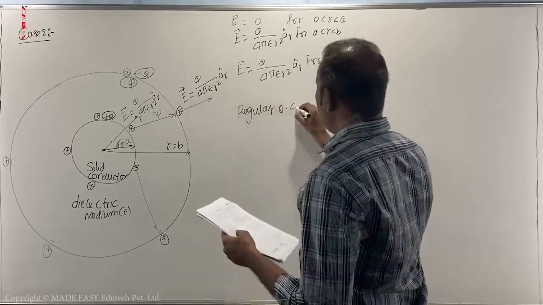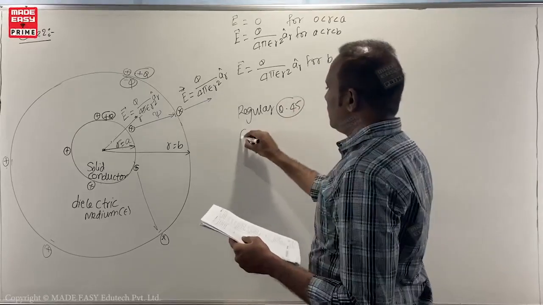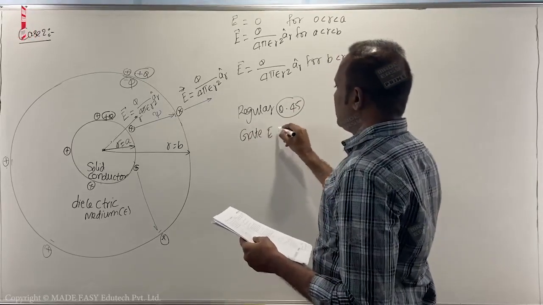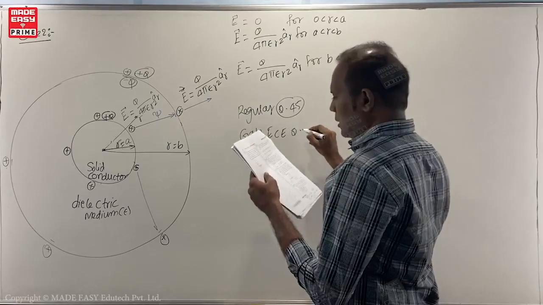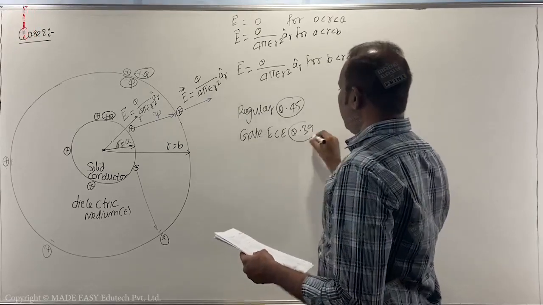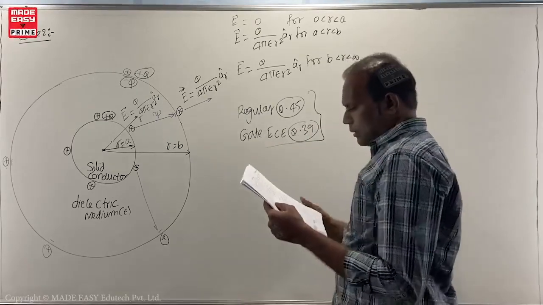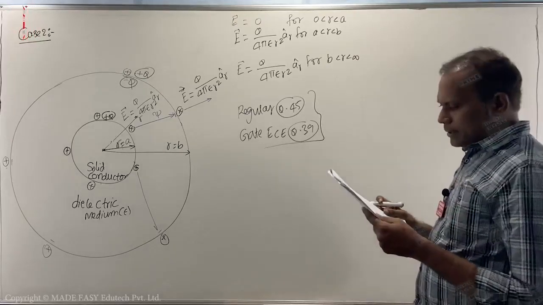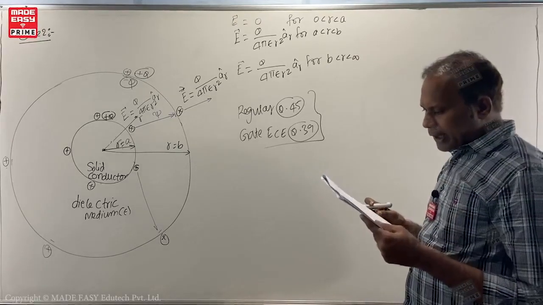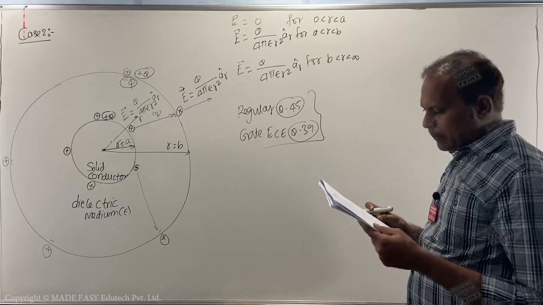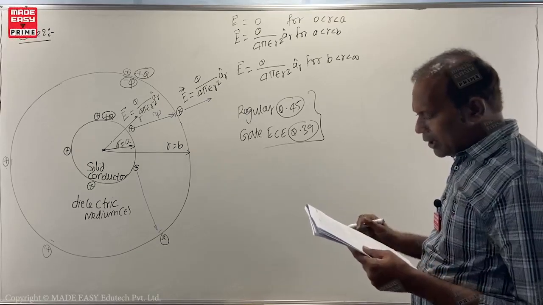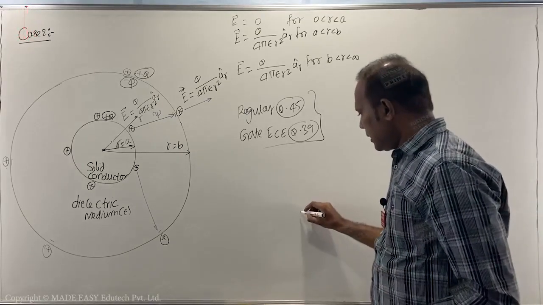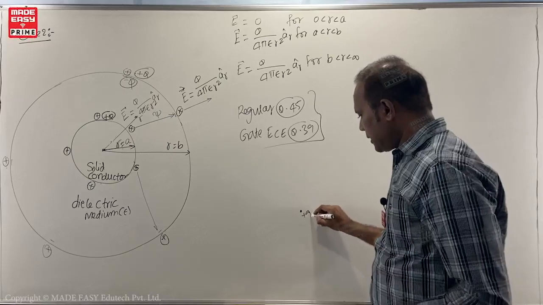Question number 45. So GATE students, this is question number 39. Actually, the question is like this. The electric field strength at a distant point P due to a point charge Q located at the origin is given. It says a point charge Q is there.